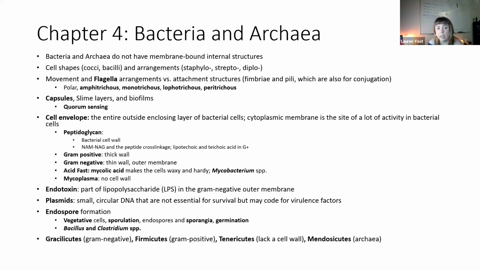It's very thick in the gram positive. The gram positive has a thick cell wall that is maintained by using lipoteichoic and teichoic acid. Whenever it is dividing, it helps maintain that cell wall as we're making a new cell. That's what that stuff is used for, and it's only found in gram positives. Gram negatives have a thin wall, but they have an outer membrane.